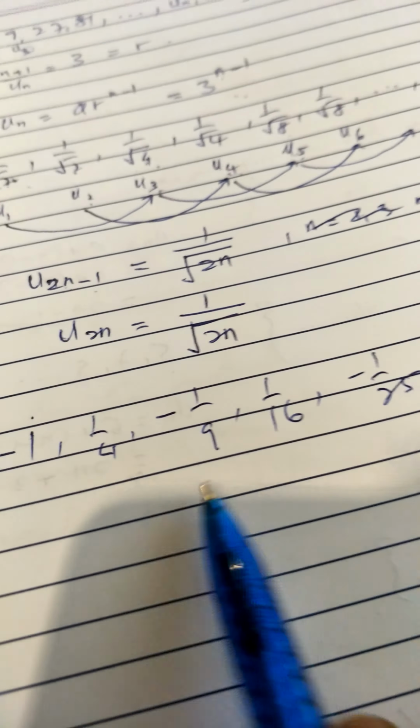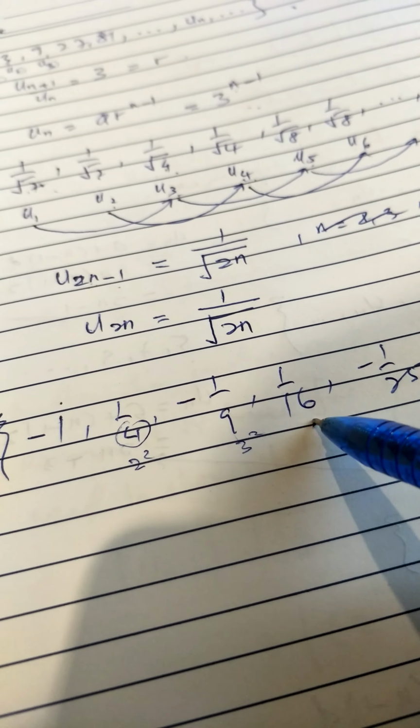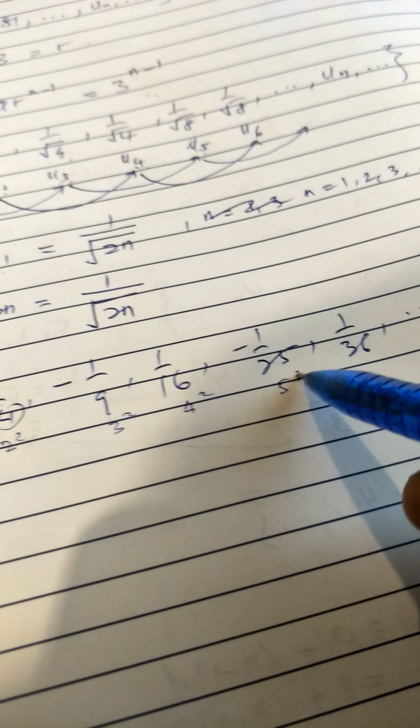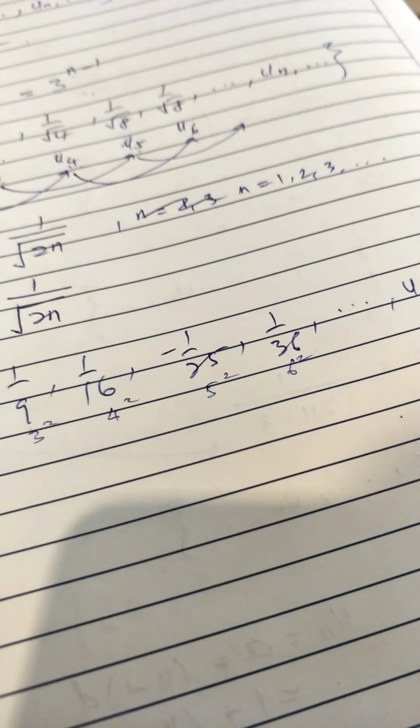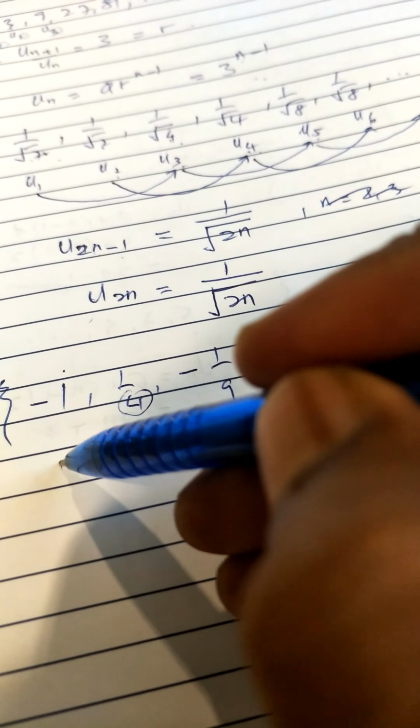By looking at these terms, you can see this is basically 2 squared, this is 3 squared, this is 4 squared, this is 5 squared, this is 6 squared. All right, u1, u2, u3, u4, u5, u6.